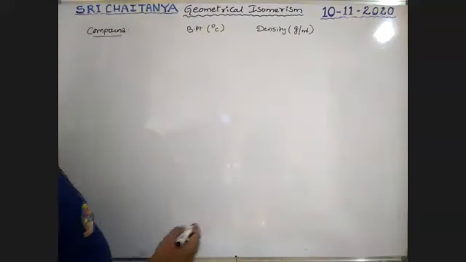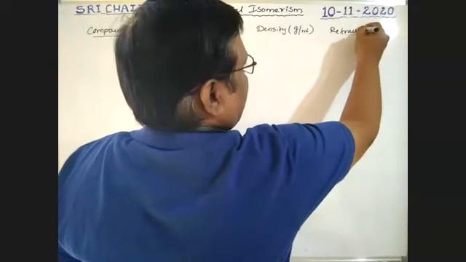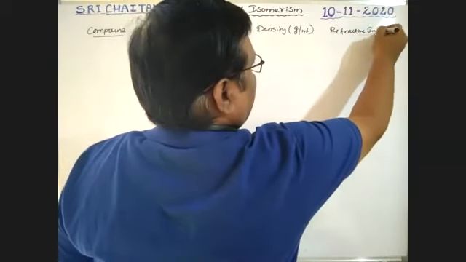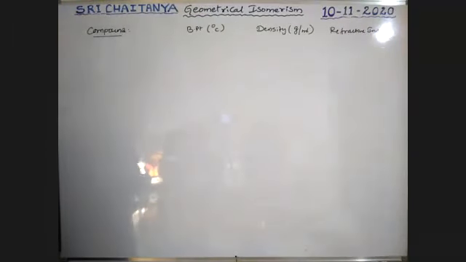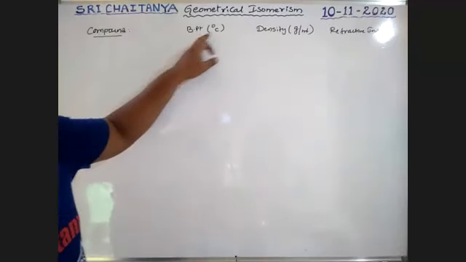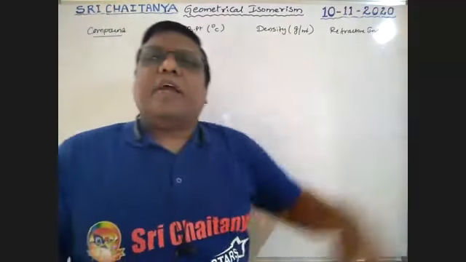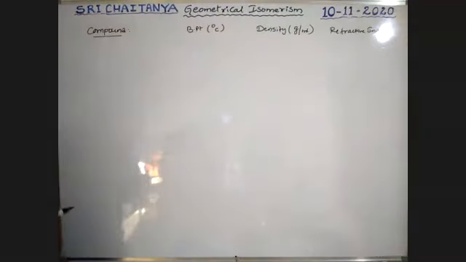Next, refractive index of that compound. So these are the columns, boys: compound, boiling point, density, refractive index.